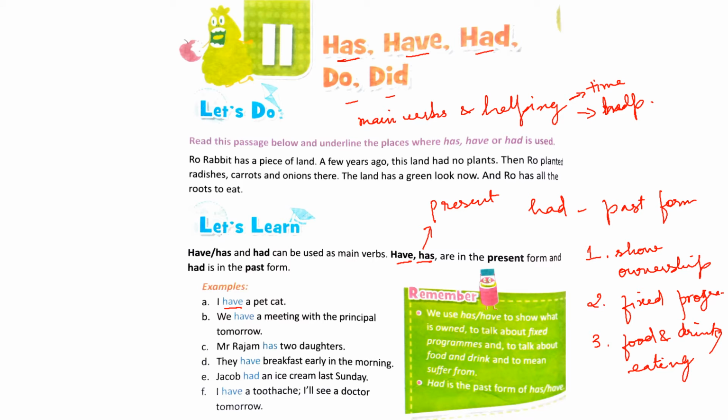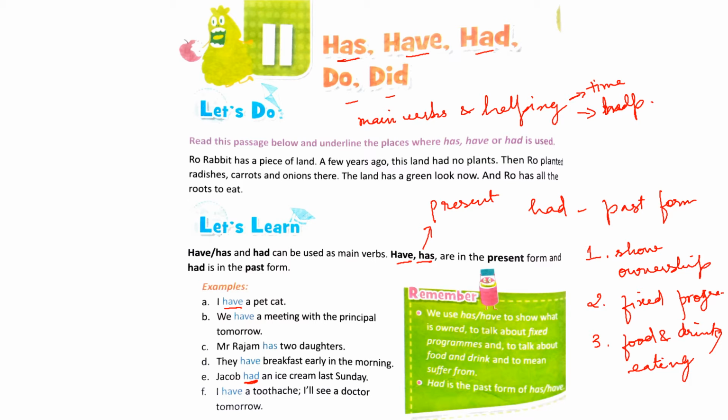Here have breakfast means eating breakfast. Another example, Jacob had an ice cream last Sunday. So now you're talking about a food item, ice cream, so we use have, has and had here.